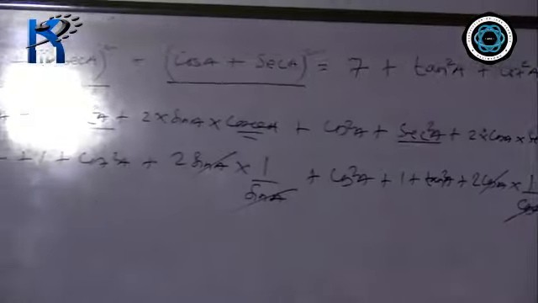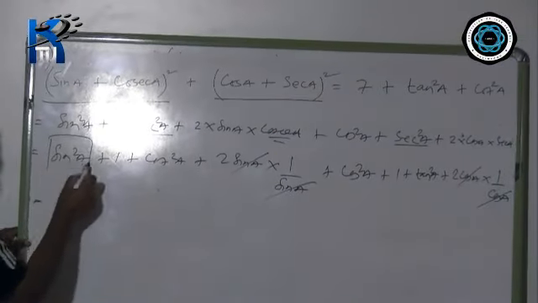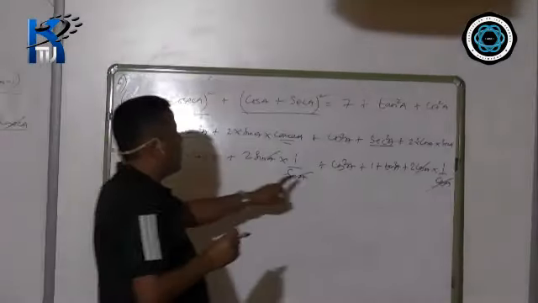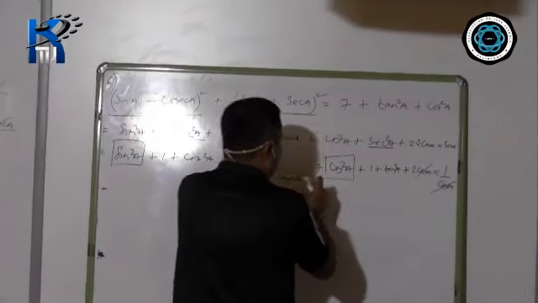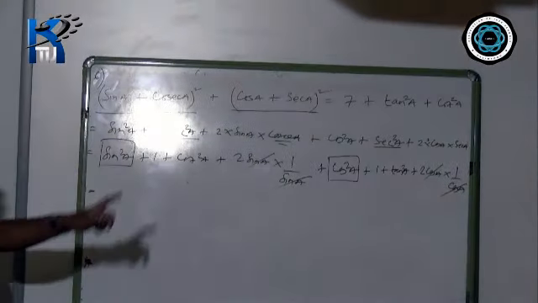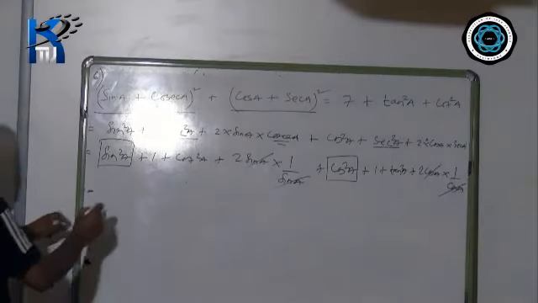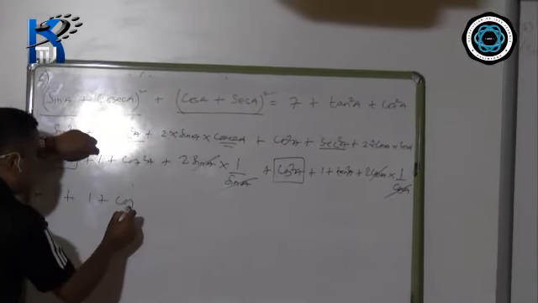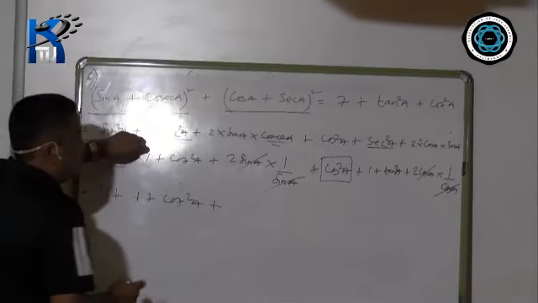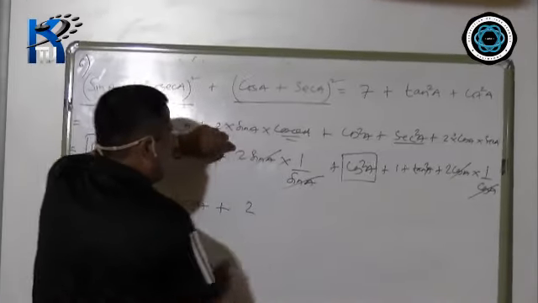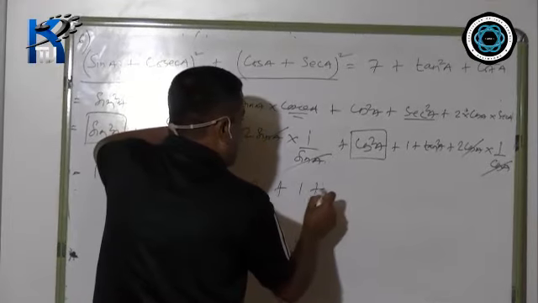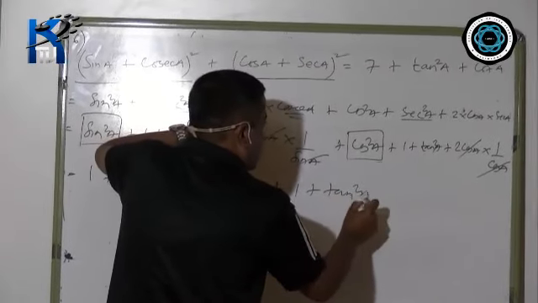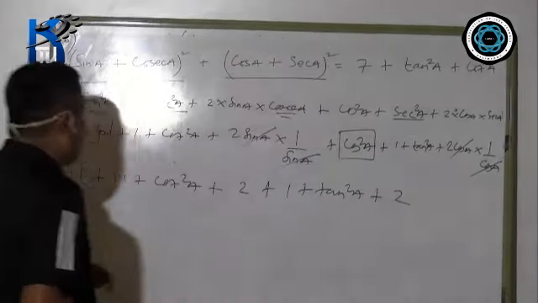Now this sin square A plus this cos square A, we know that sin square plus cos square is 1. 1 plus cot square A plus 2 ones are 2 plus 1 plus tan square A plus 2 ones are 2.